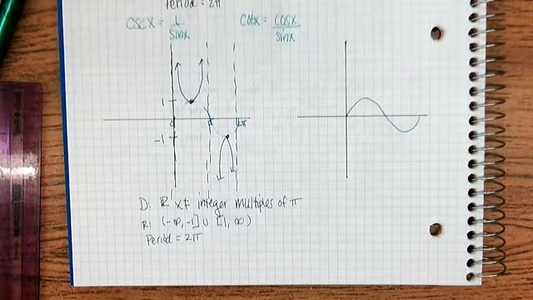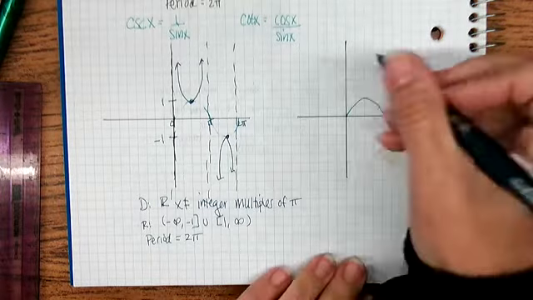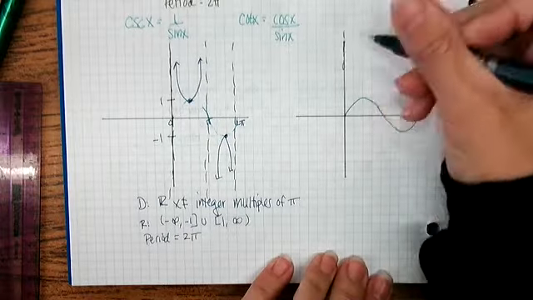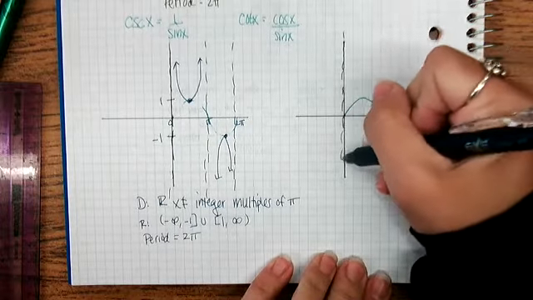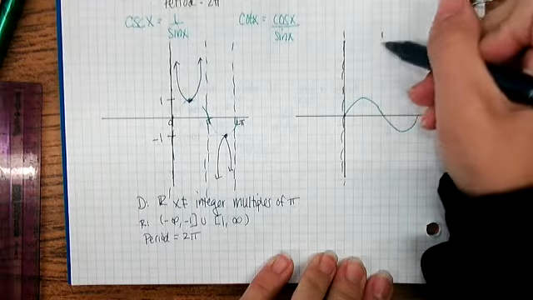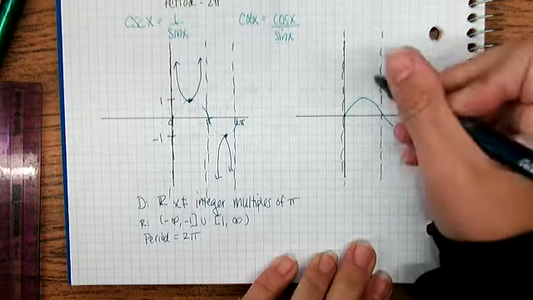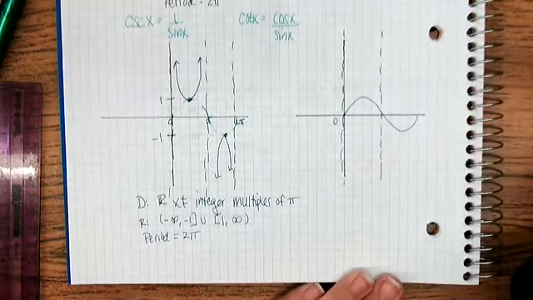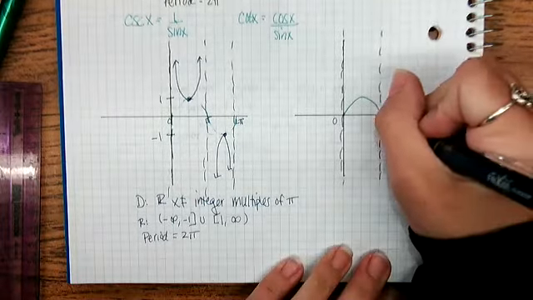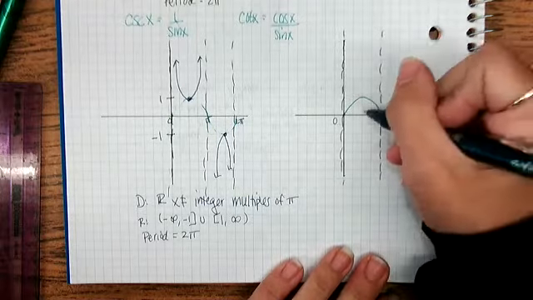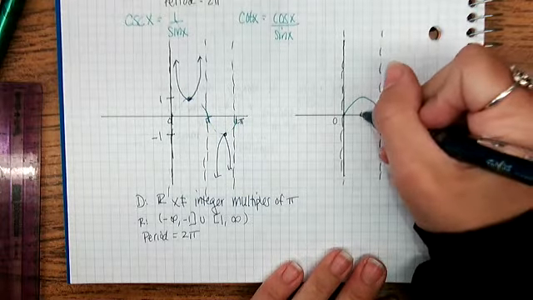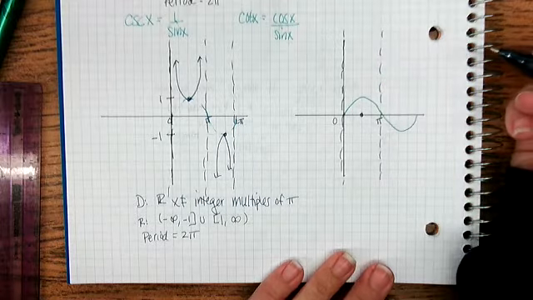Okay, so cotangent. Where is the sine 0? The sine is 0 at 0. The sine is 0 at pi. Don't normally label 0. Okay. And it goes through the point pi over 2, 0.